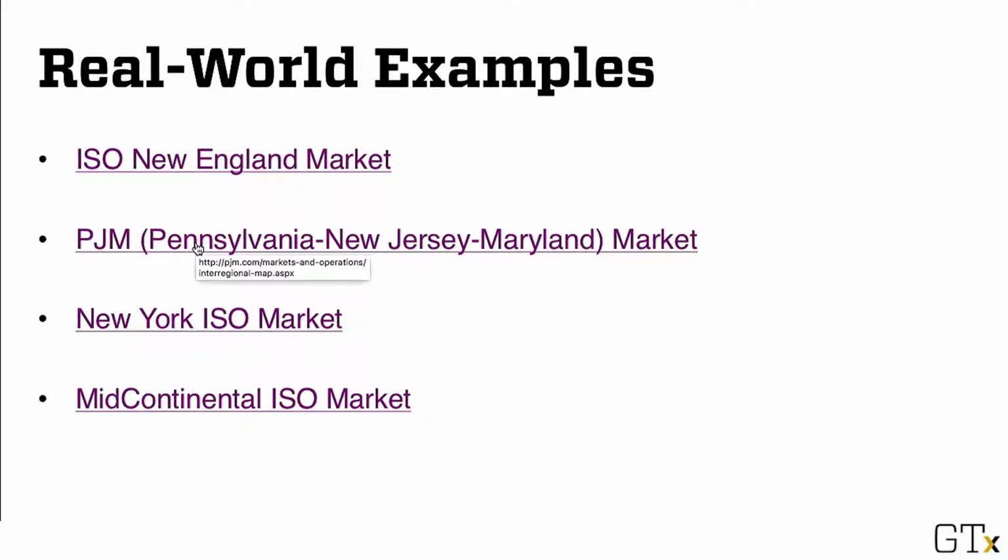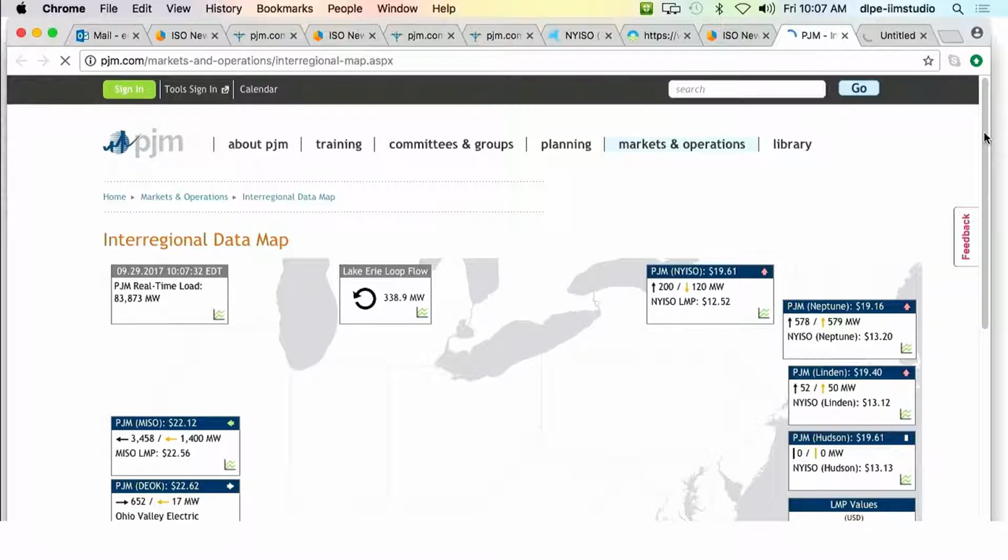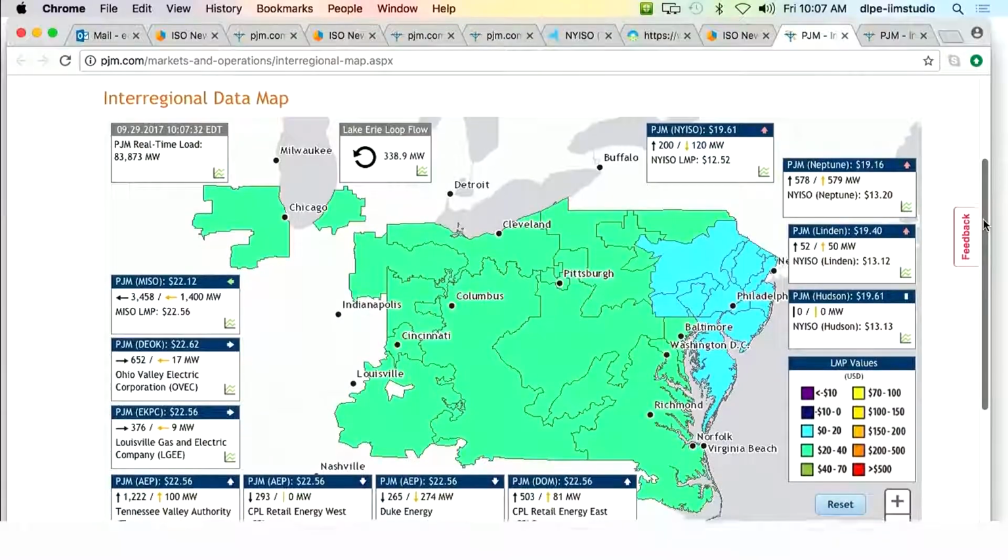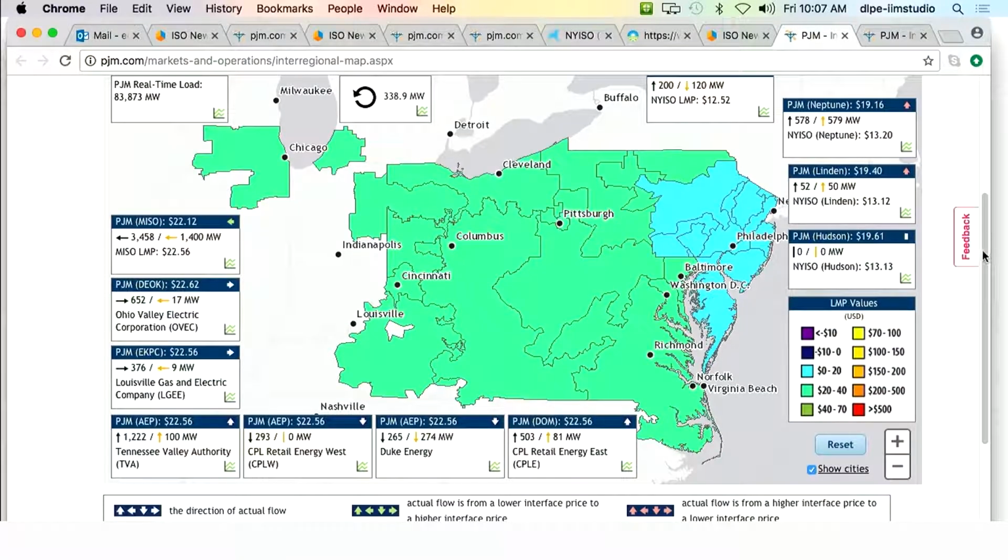For example, PJM is a huge ISO. We see their footprint is much bigger than ISO New England. You can see they cover Chicago here, Philadelphia, Pittsburgh, several big cities. You can also look at their marginal price at different locations.